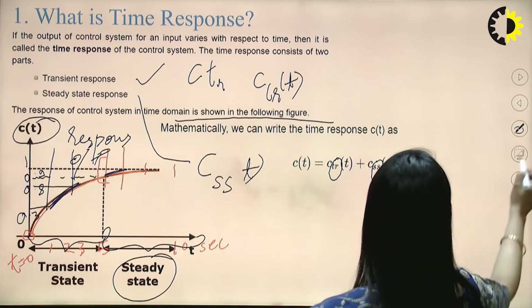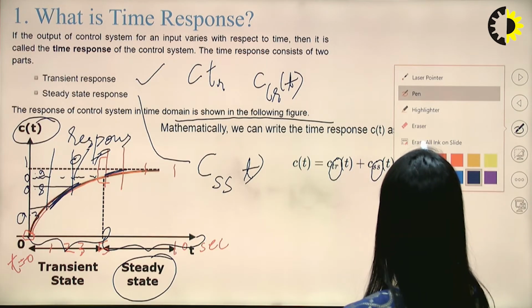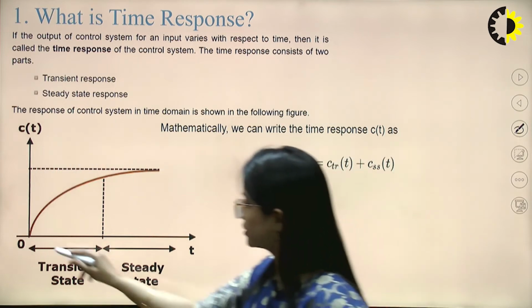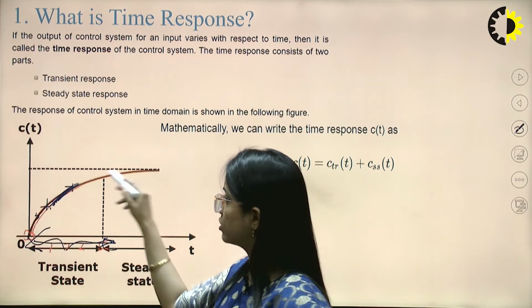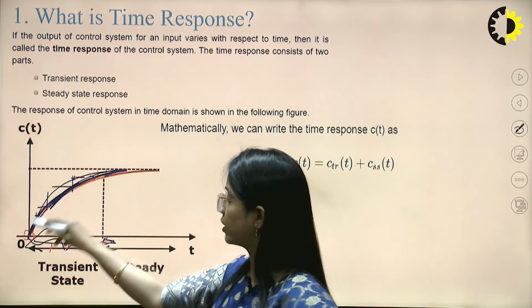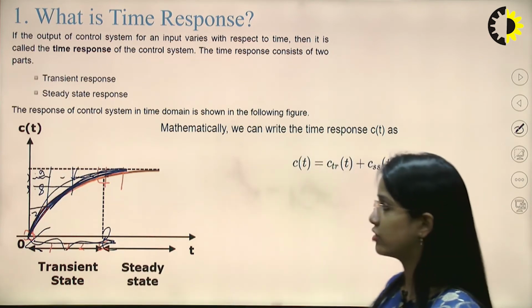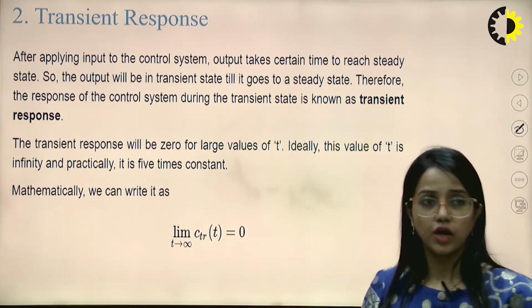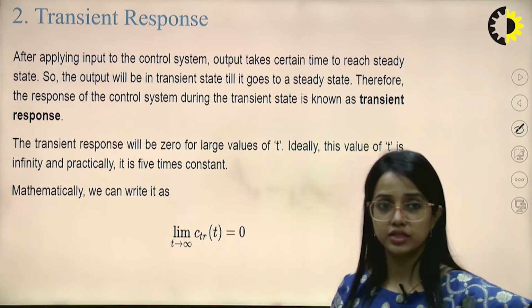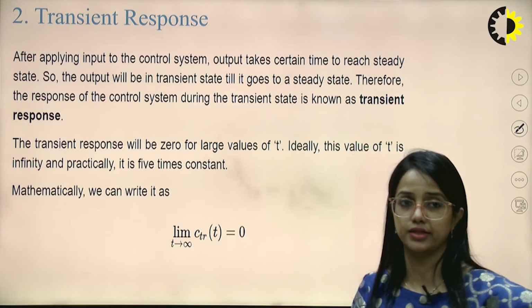This is the required time which involves to reach this state. So, the output will be in transient state till it goes to the steady state.